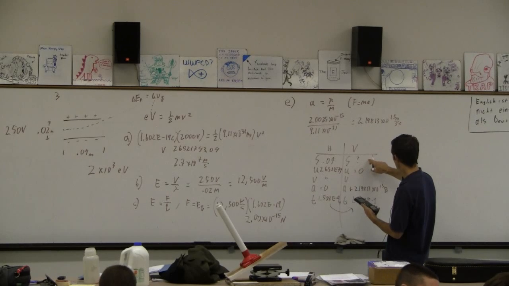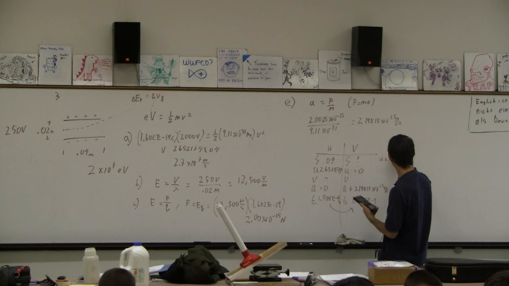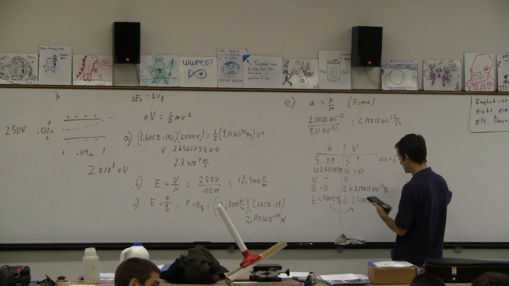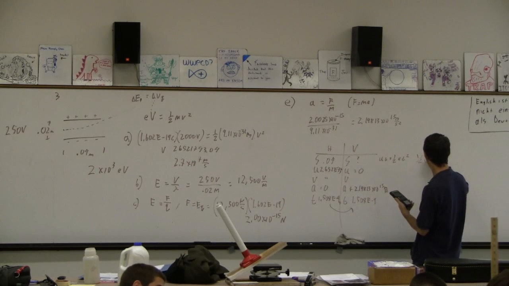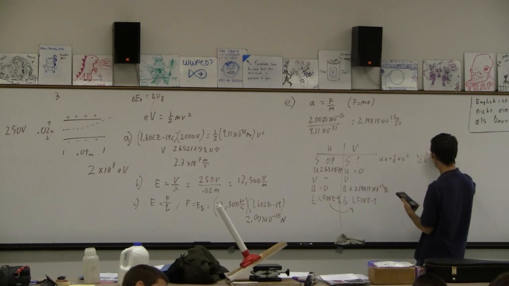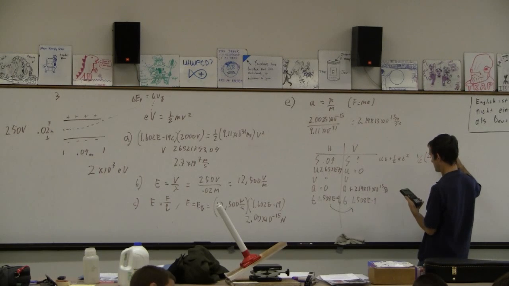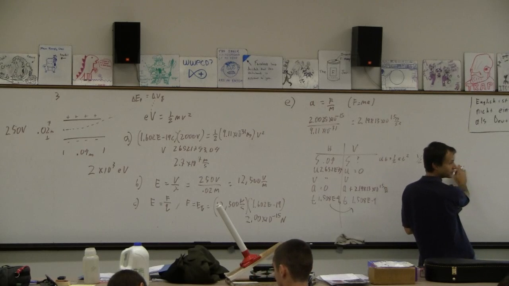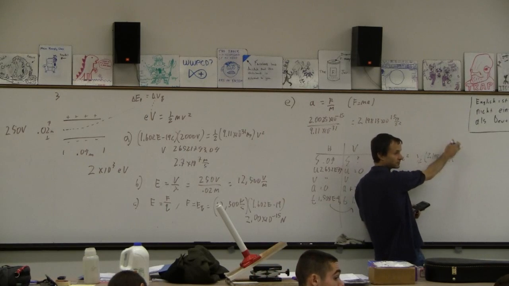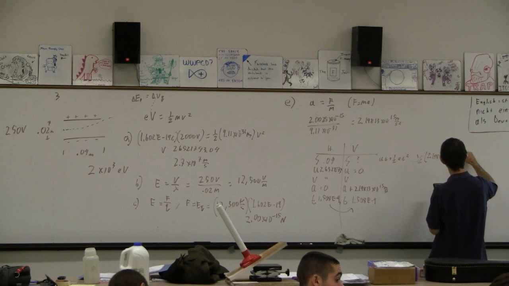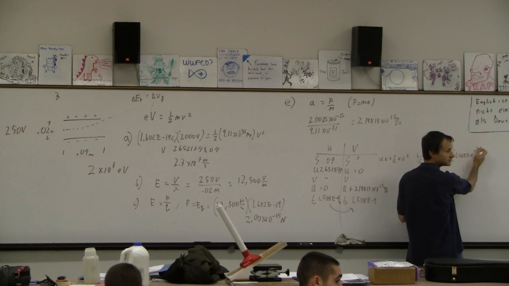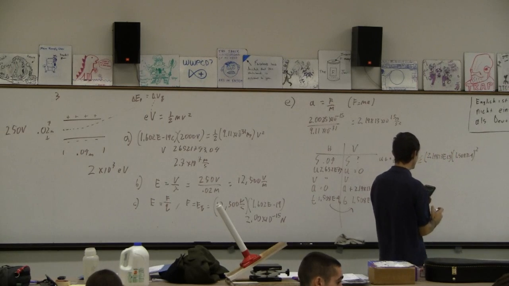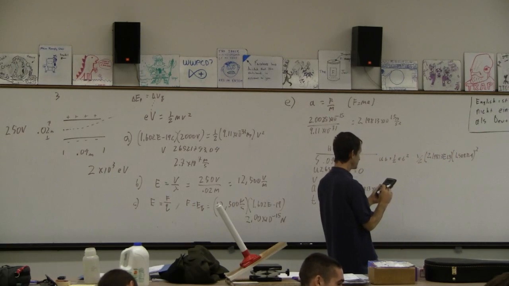The displacement is going to be ut plus 1/2 at squared, and since the initial vertical velocity is 0, it's basically just 1/2 times the acceleration times this time squared, with time 1.508 E minus 9. I'm right on the edge of the page.